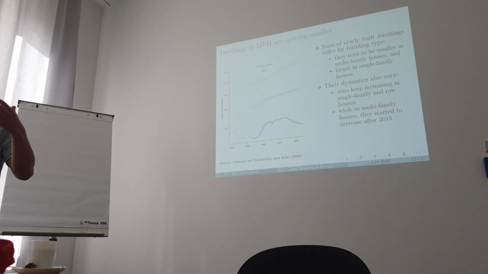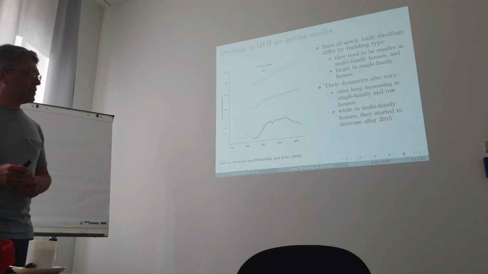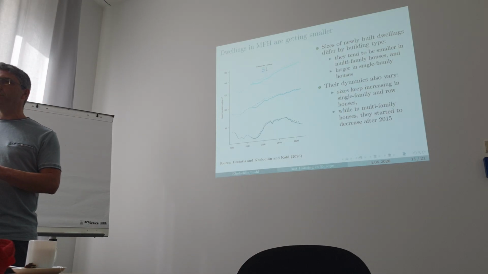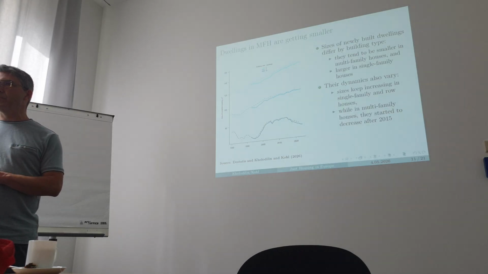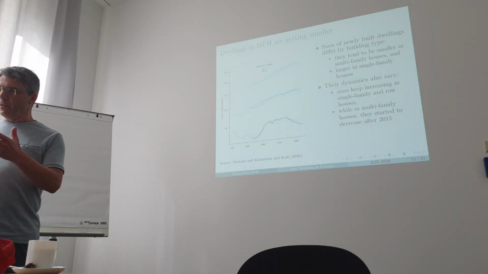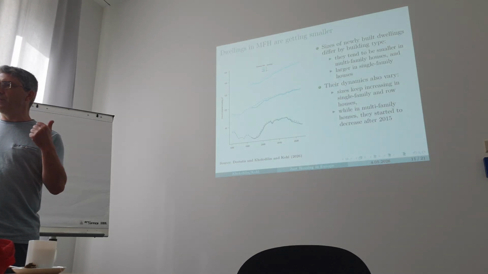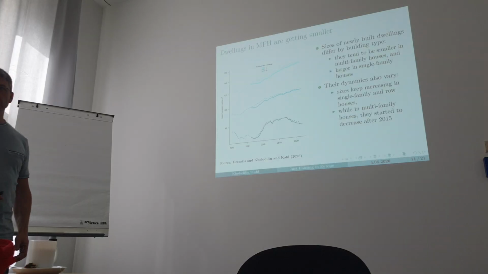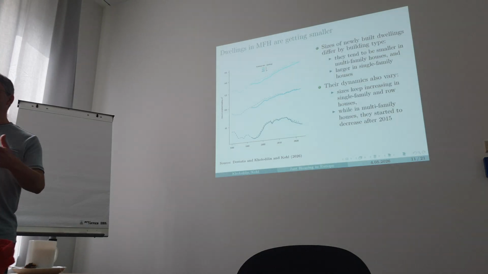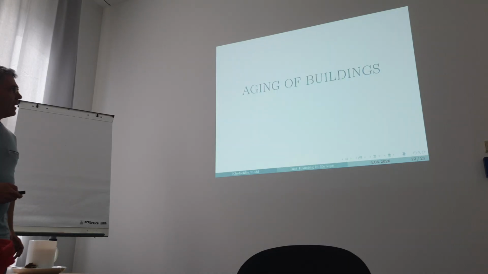And these units are becoming even smaller than before. So that's perhaps the tendency that we'll face in the nearest future. I predict that in the next few years it will also be reflected in the average size of dwellings in the housing stock. So not only in the new housing supply, but also in the existing housing stock, so that the housing stock adapts, or starts to adapt, to the shrinking household sizes.